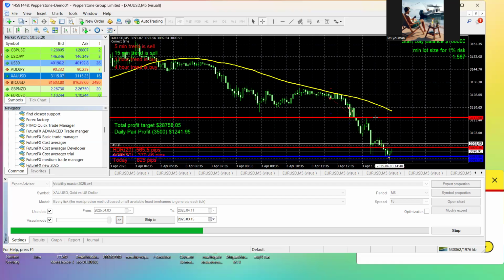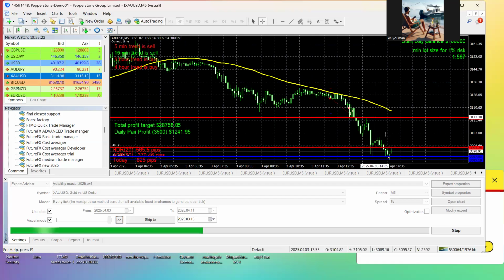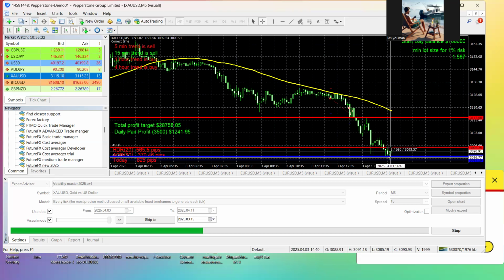Or actually it would have been looking to put it above that red line. But it's set to have a maximum stop loss of 650, which is just where it's placed it.